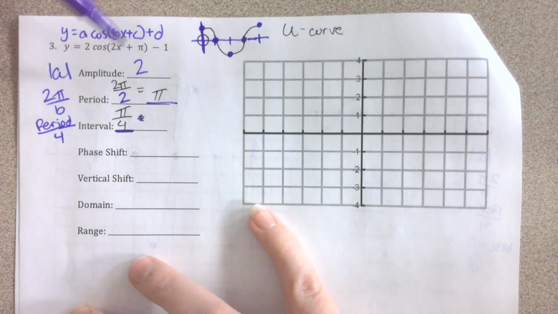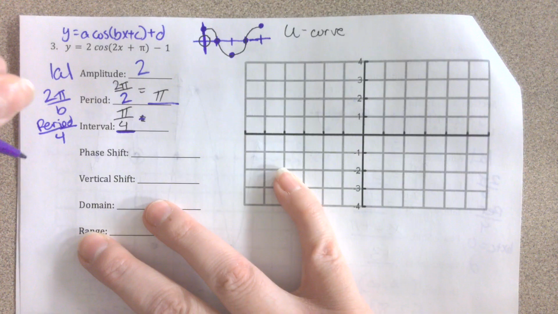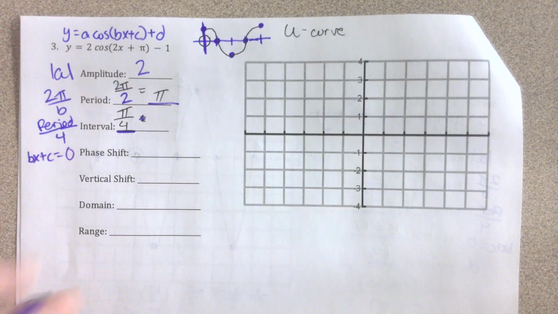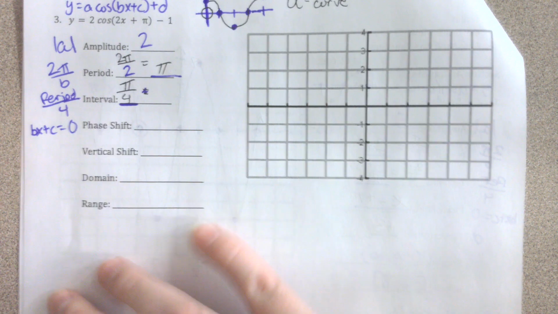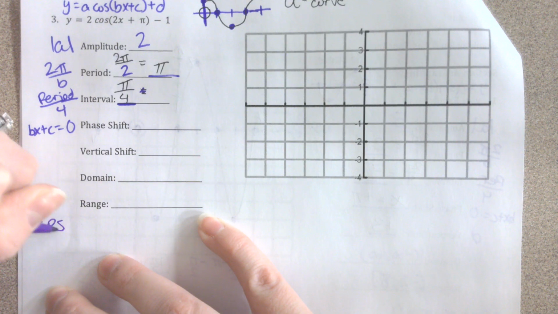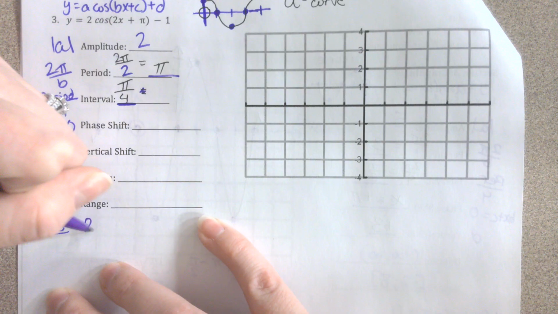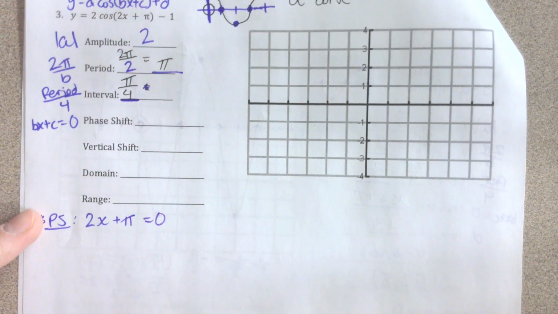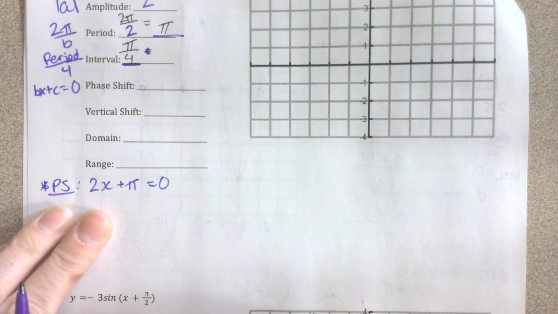Phase shift again, we set the bx plus c, what's in parentheses, equal to 0 and solve. That's going to take a little bit of work, so I'm going to come down here for that part. Phase shift, inside of parentheses, we have 2x plus pi equals 0, and we'll solve. Reminder, the goal here is to get x by itself.